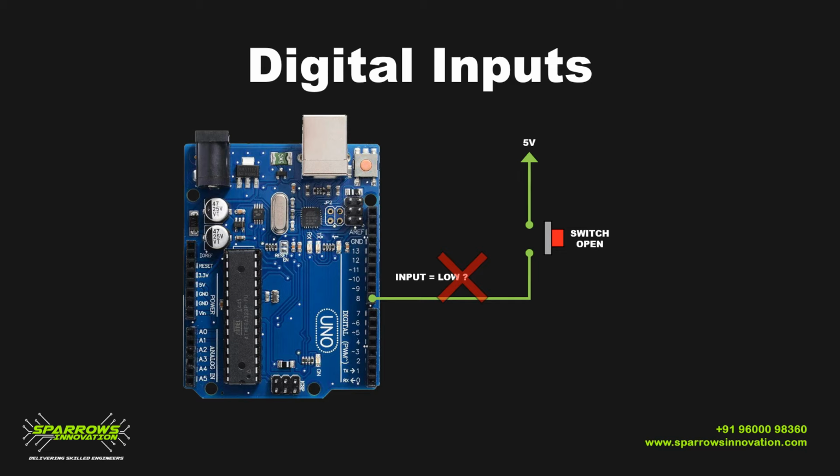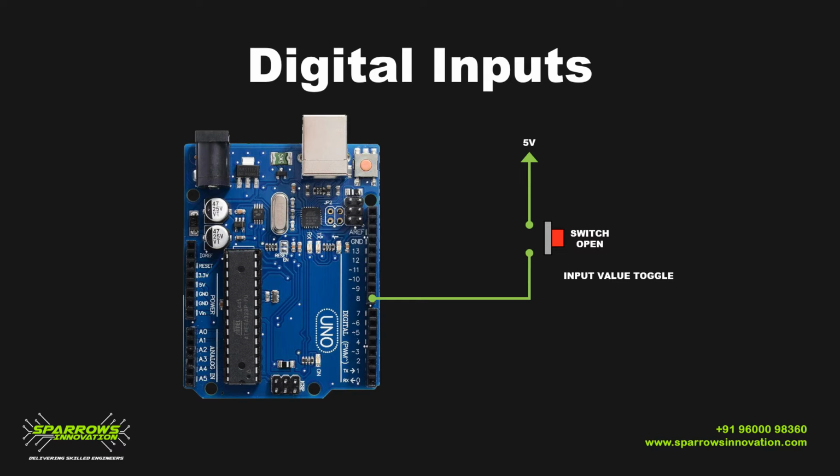In Arduino or in other microcontrollers, when you configure a pin as digital input and you leave the pin unconnected, then that pin will be in a floating state. It won't show logical high or logical low. It will toggle, giving a fluctuation from high to low. So your input will be like high, low, like that. It will toggle.